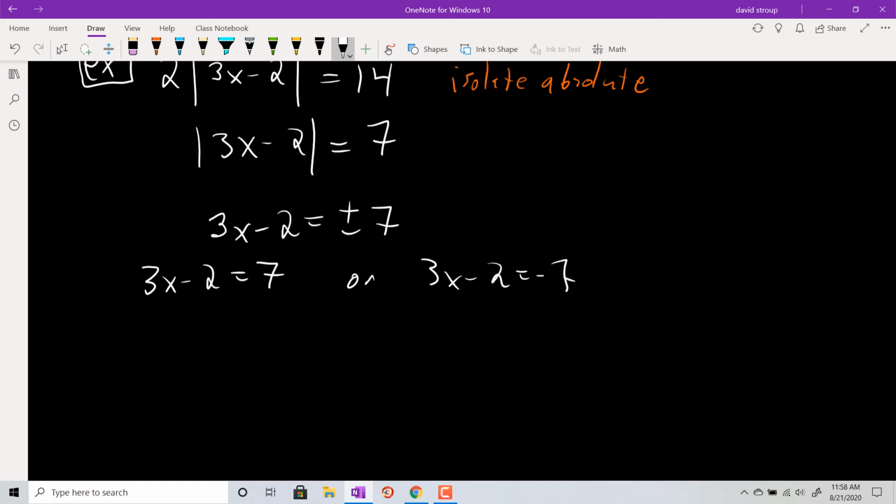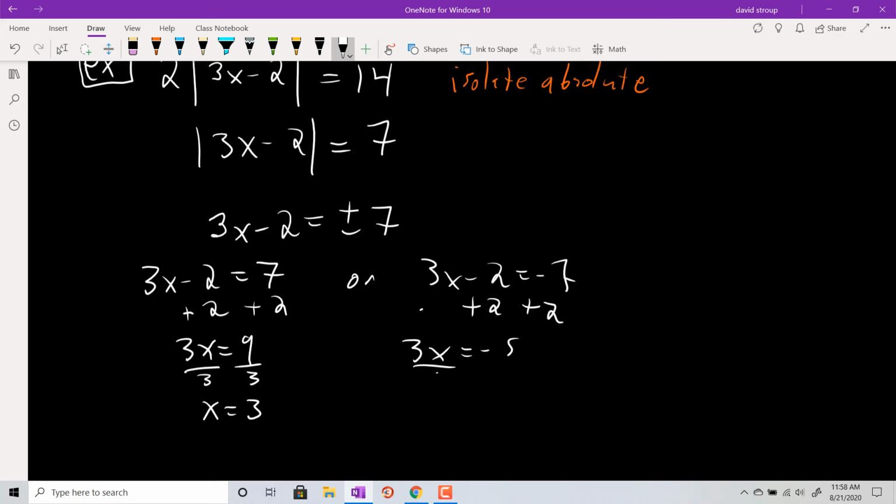And then solve. I have 2 linear equations. Hopefully we know how to solve those now. Okay. So we have 2 solutions.